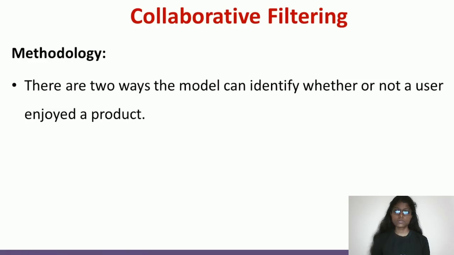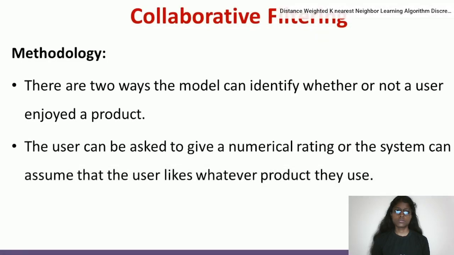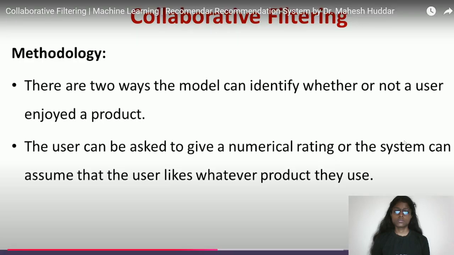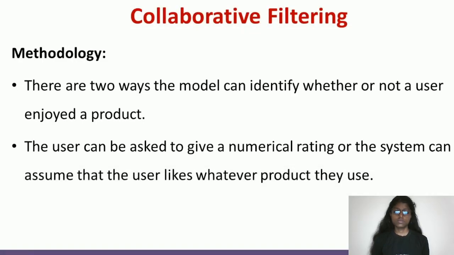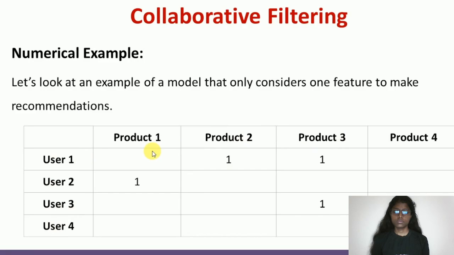The user can be asked to give numerical ratings, or the system can assume what the user likes about a particular product. For example, whenever a user buys a product, we can ask them to give a star rating, like 1 star, 2 stars, 3 stars, and so on. Based on that, we can understand what product the user liked. Wherever there is a null, it means the user has not liked that particular product.